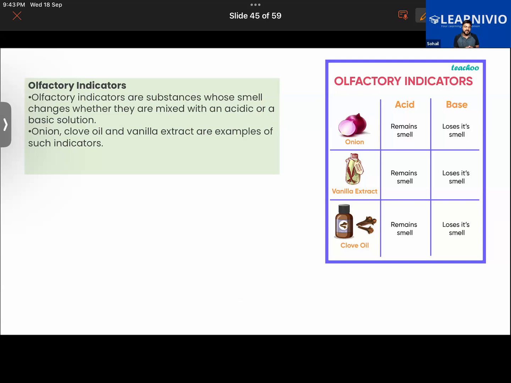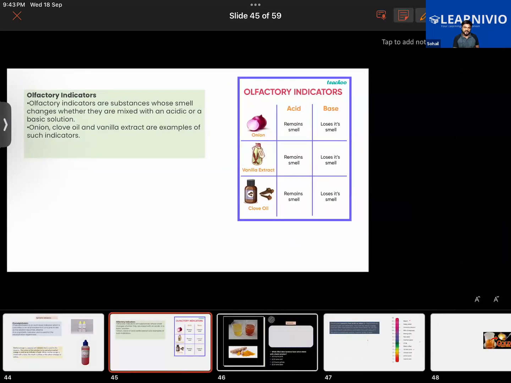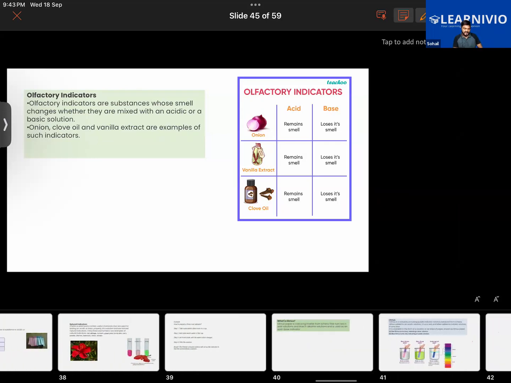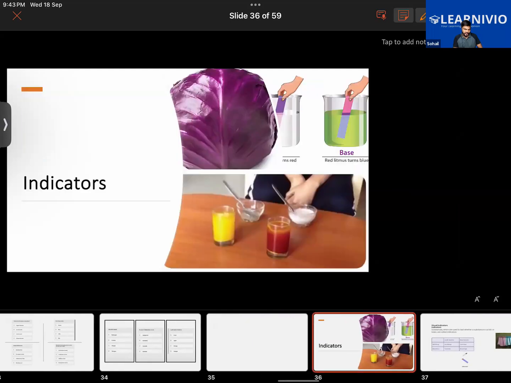So olfactory indicators are another class of indicators that either lose or retain their smell in acidic or basic solution. That's how we identify a given substance as acidic or basic in nature. But this type of indicator only gives you an idea of whether the substance is acidic or basic. How acidic or how basic it is, you won't get to know from that.